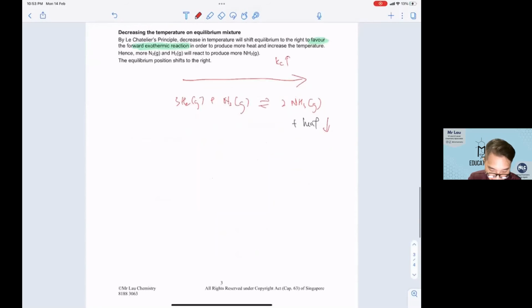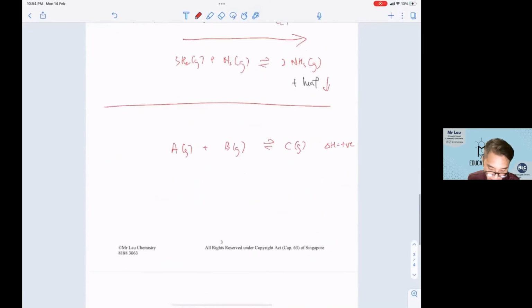Now let's look at another simple example where A plus B gives you C, and let's say this is an endothermic reaction. If it's endothermic, your heat will be on the left.